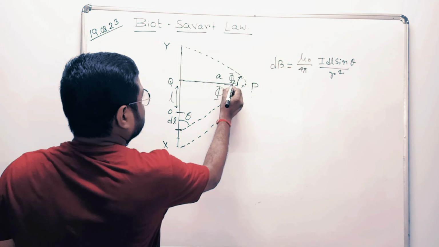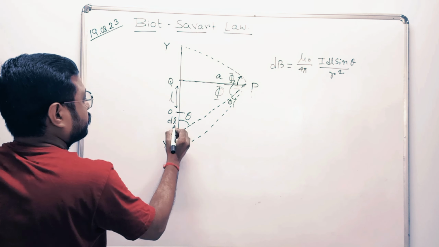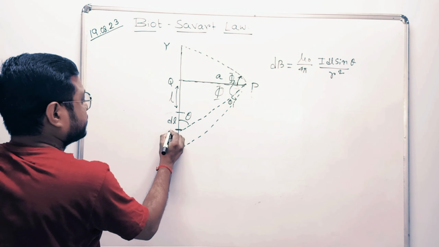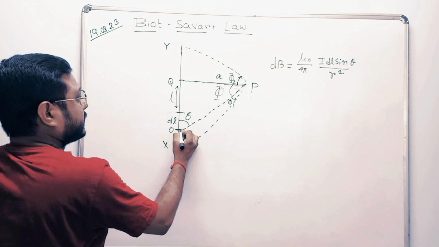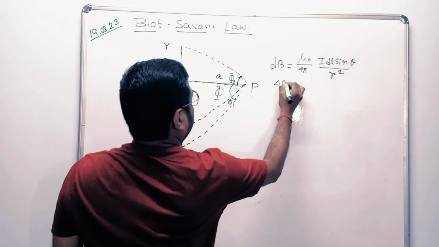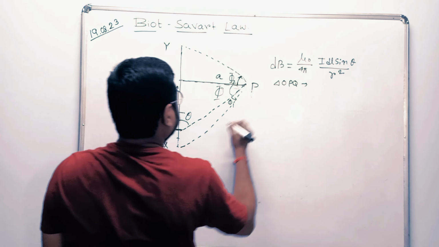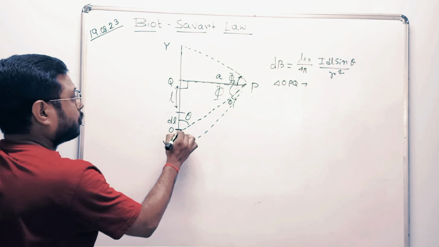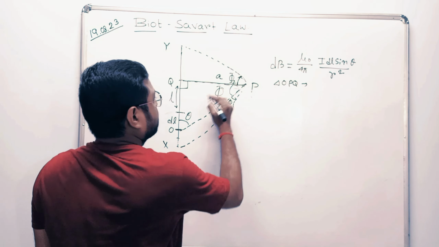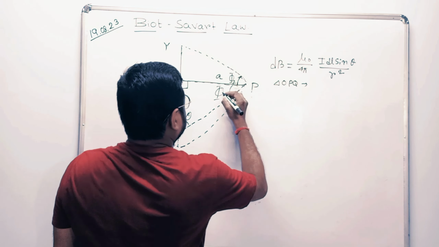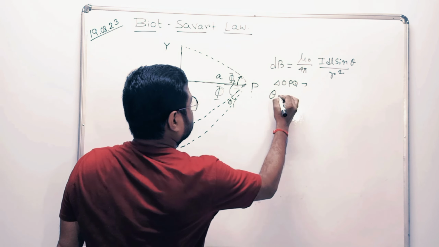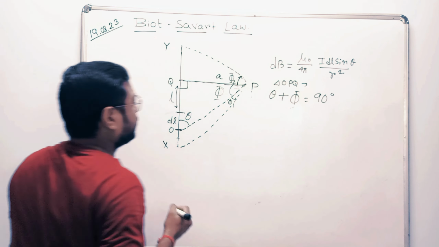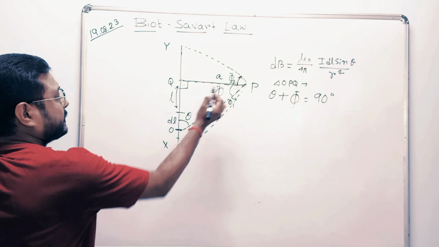Now consider this triangle. Suppose the O point is here, so we can name this triangle as OPQ. Triangle OPQ is a right angle triangle because this angle is 90 degrees. From triangle OPQ we can say that theta plus phi becomes 90 degrees, because 90 degrees plus theta plus phi equal to 180.